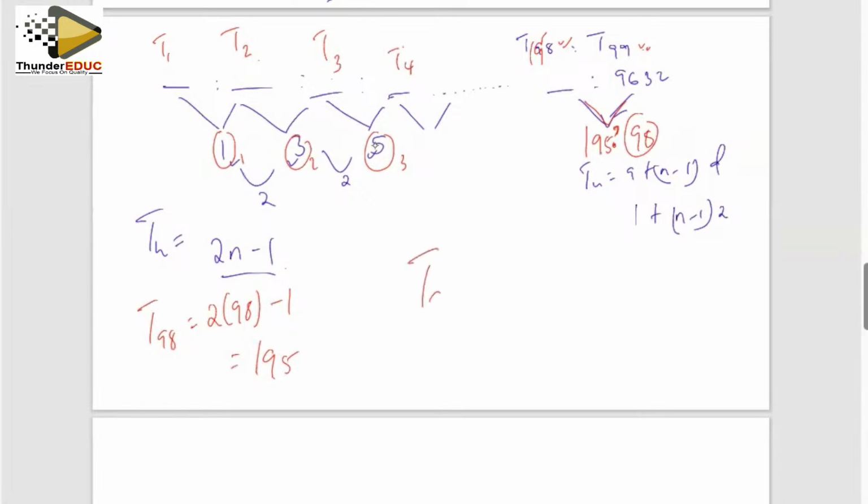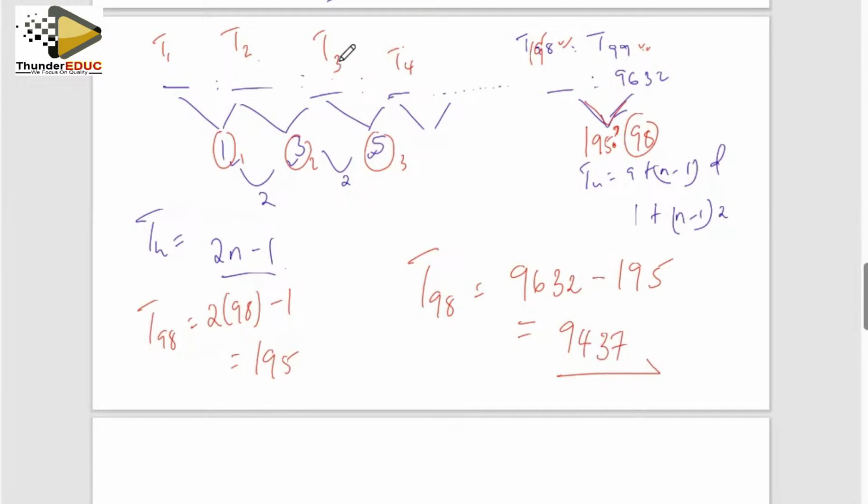So T98 is going to be 9632 minus 195. If I subtract that, I'm getting 9437.